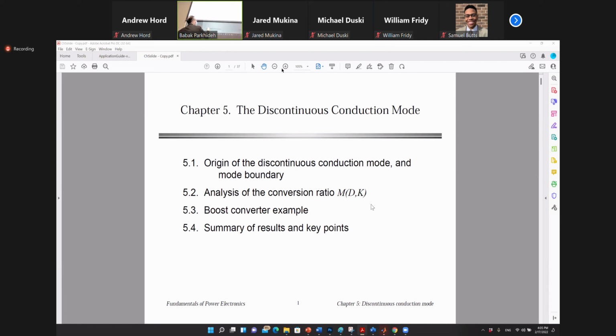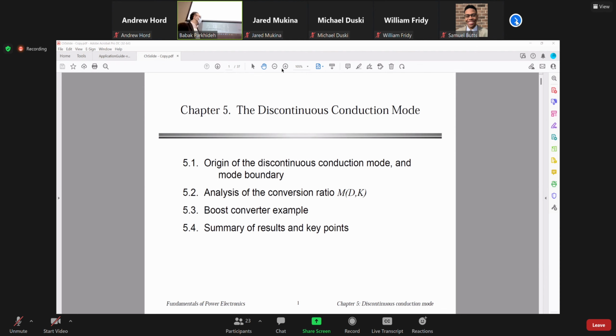Essentially you have to think about, so you have this MOSFET, you have this diode. So as I mentioned, when you use a power MOSFET, this diode is not an external diode, it's a body diode.